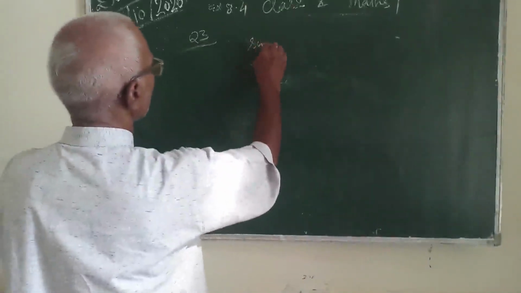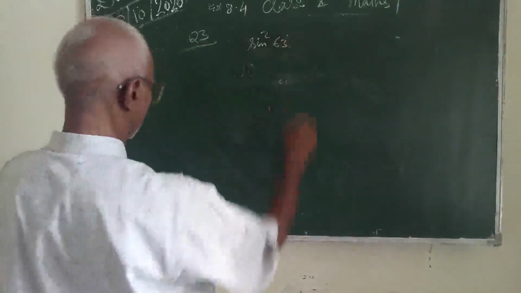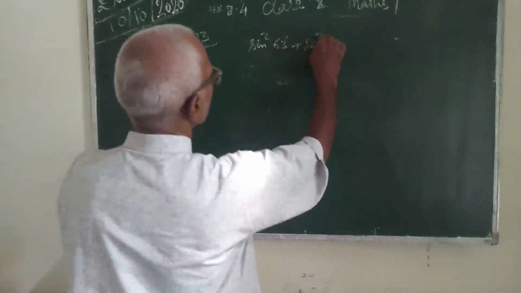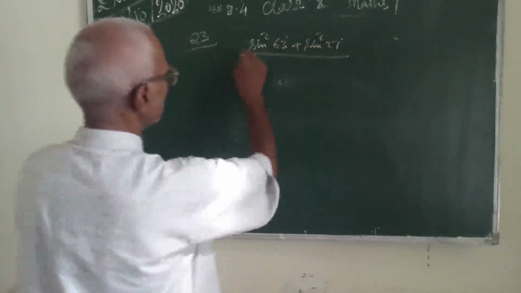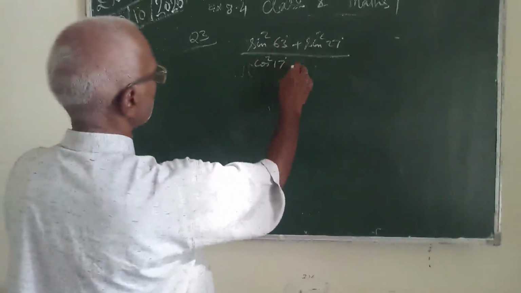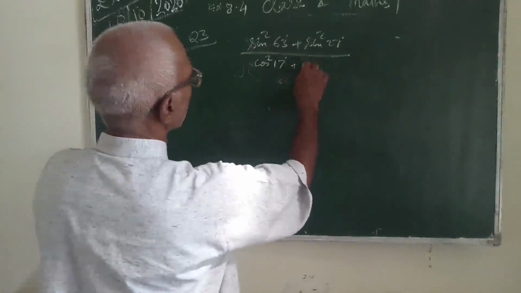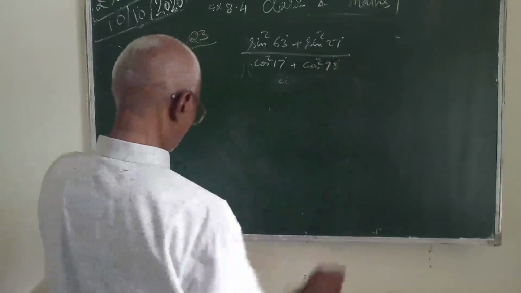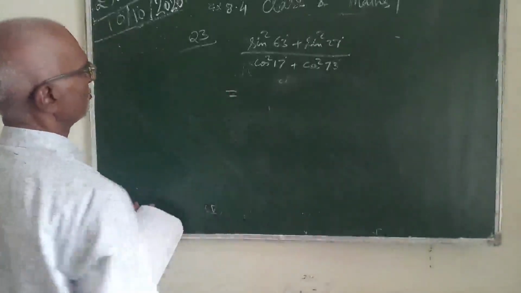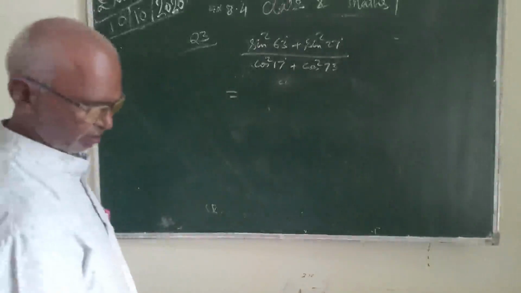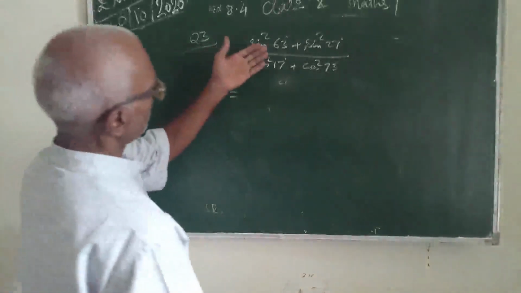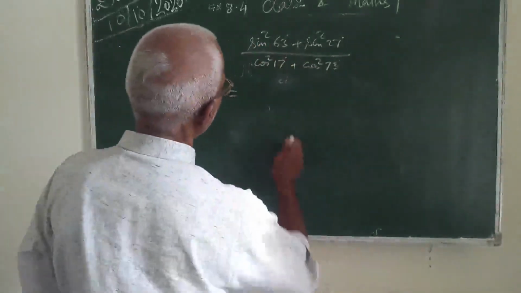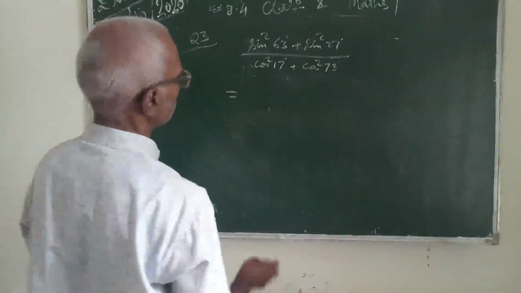Here is given sine square 63 degree plus sine square 27 degree upon cos square 17 degree plus cos square 73 degree. Its value is required. First of all, change this 63 and 73 in terms of angle less than 45 degrees.